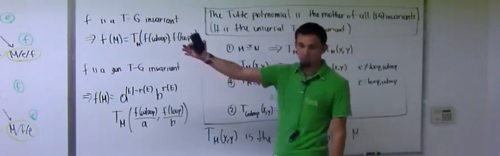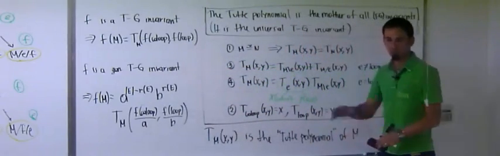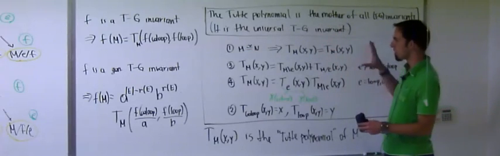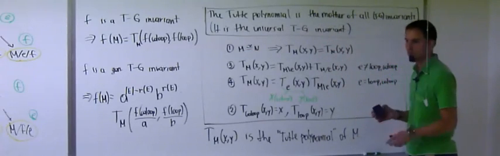And so the answer to the question that I posed at first, is this a coincidence that we have all these things? Well, the point is that they are all special cases of the Tutte polynomial.